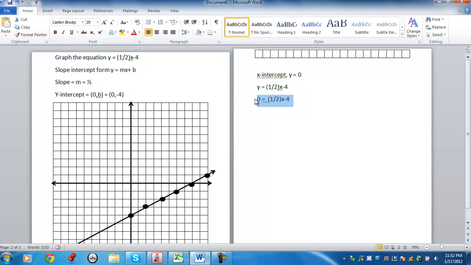Here, what I would do is add 4 to both sides. And then the 4's on the right-hand side are going to cancel out, and 0 plus 4 is going to give you 4. Next, I get rid of the 1/2. The 2 is in a denominator, so what you could do is multiply both sides by 2.